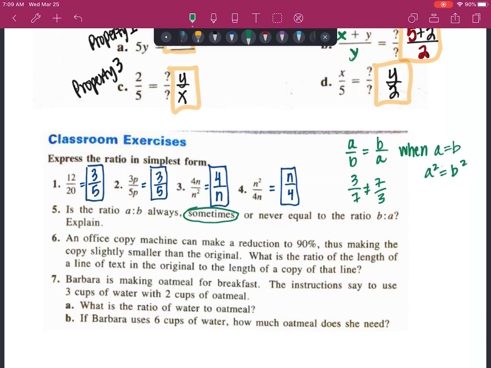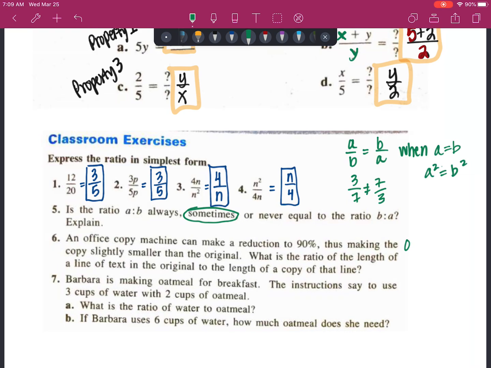Okay, so sometimes an office copy machine can make a reduction to 90%, thus making the copy slightly smaller than the original. So the ratio of the length of the line of text in the original to the length in the copy.